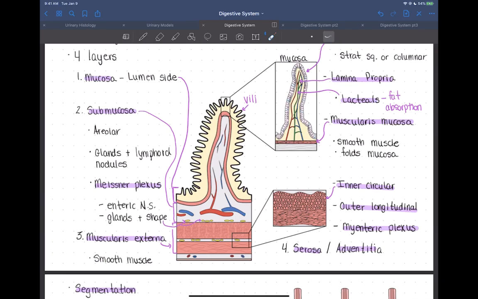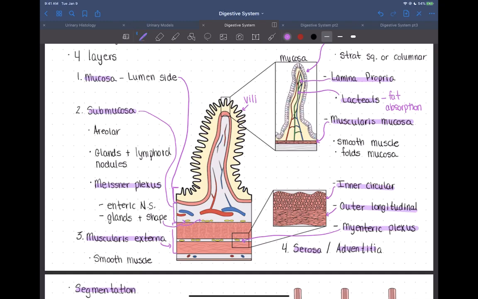In this picture, it's going to be going kind of away from us, versus the outer longitudinal layer is going to be going left and right. So you have two layers going in opposite directions, and they're going to be innervated by the myenteric plexus. Okay, so that's going to control these layers of muscle. And so they're going to be involved in moving food forward, mechanical digestion, right? The churning of the stomach, that is going to be this thick layer of muscle that's going to do that.